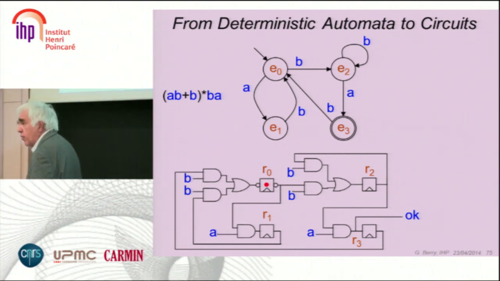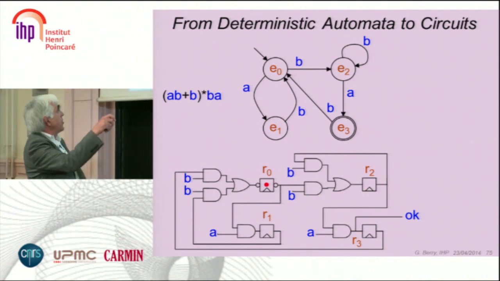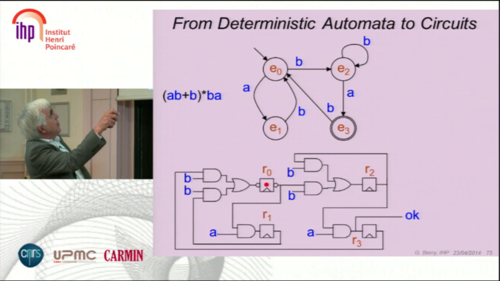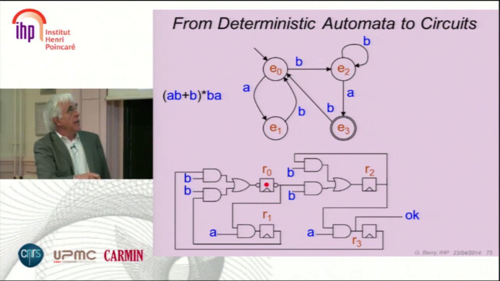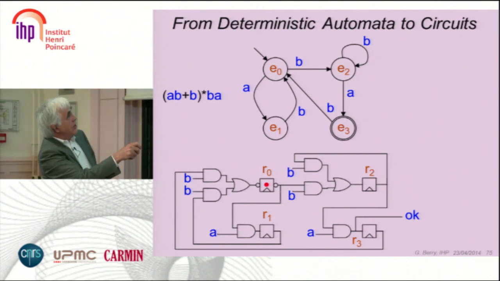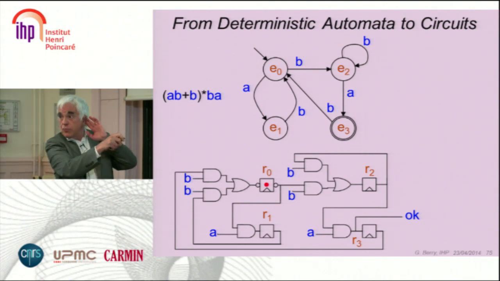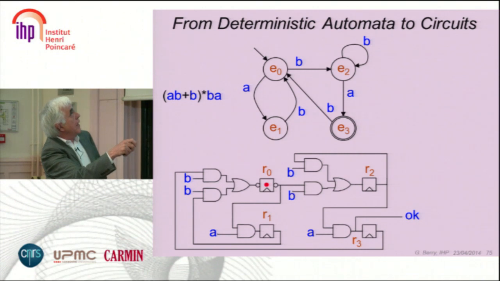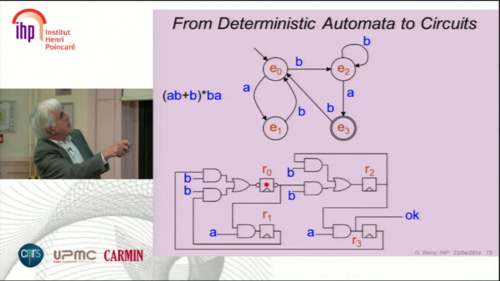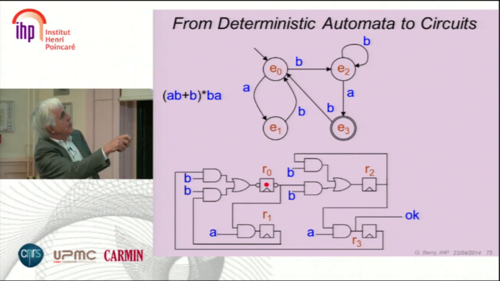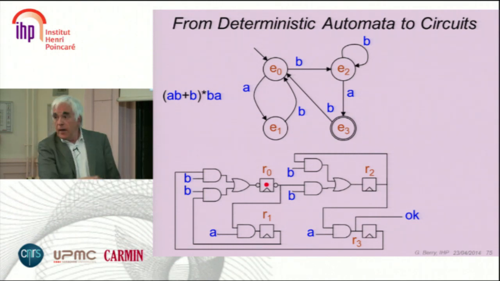It's trivial and well known that you can put this into a circuit. You just draw the automaton on silicon. A state is a register. The initial state has Mickey Mouse ears, which means it starts with a 1. A transition out of a state is an AND gate with a letter, and convergence to the same state is an OR gate.